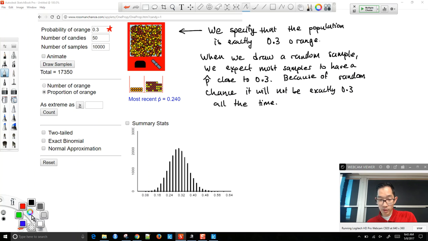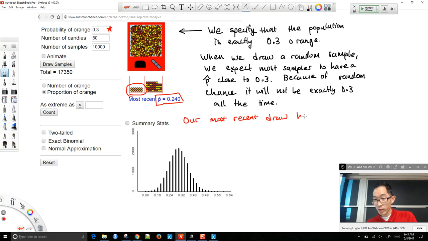And so in this situation, our most recent draw had 12 orange out of 50 pieces.